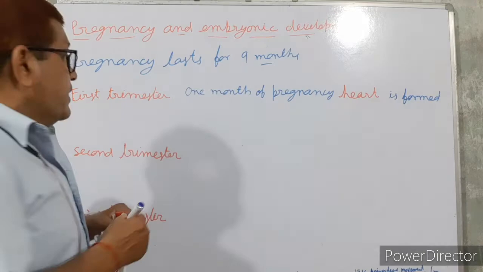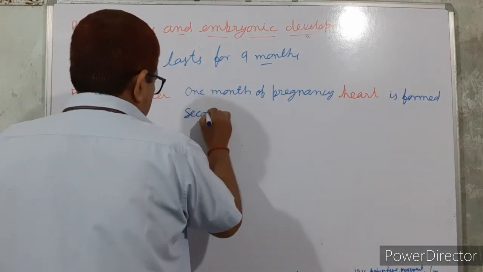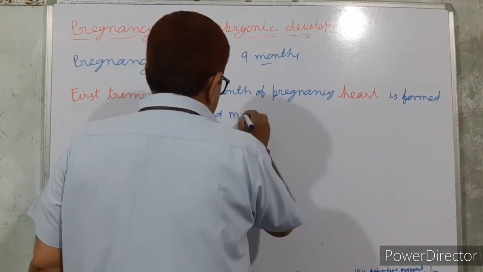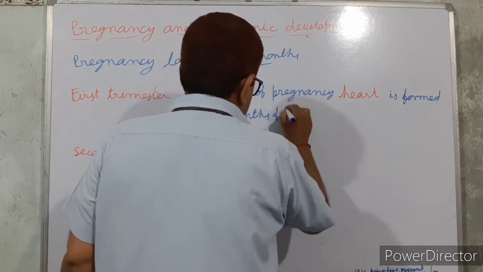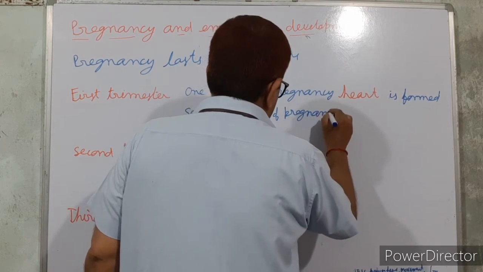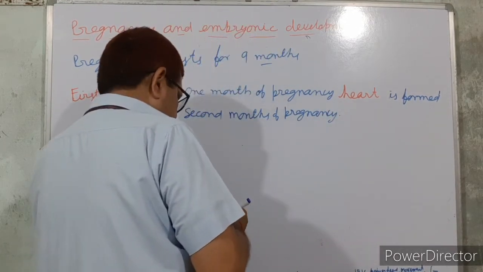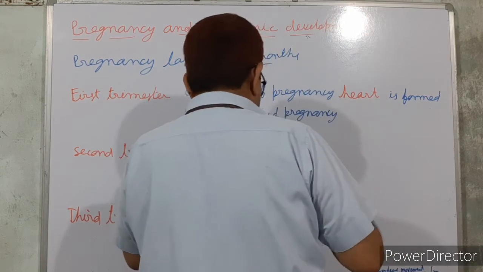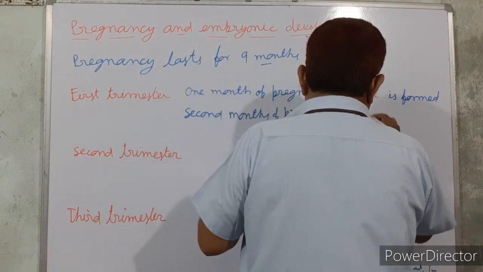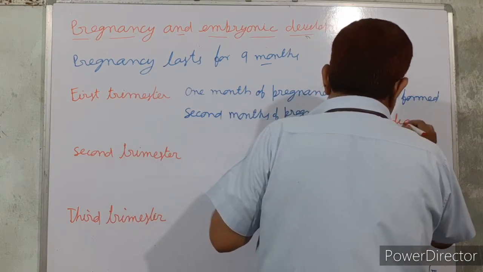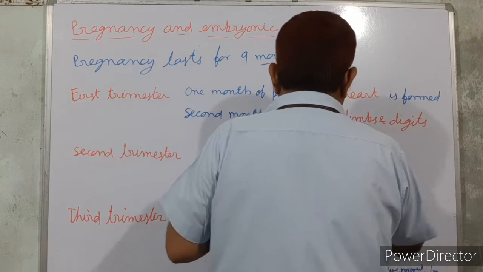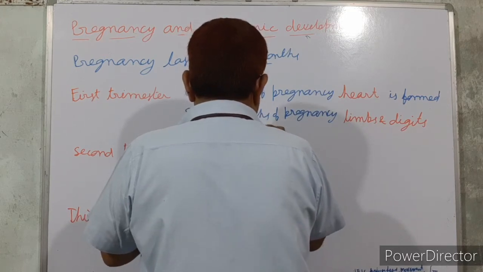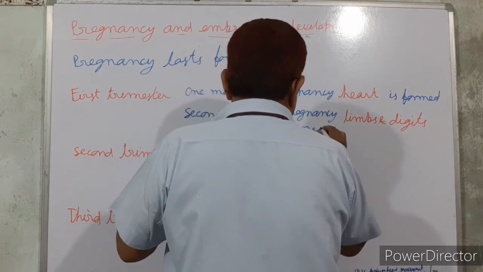At the end of the second month of pregnancy, limbs and digits are formed.